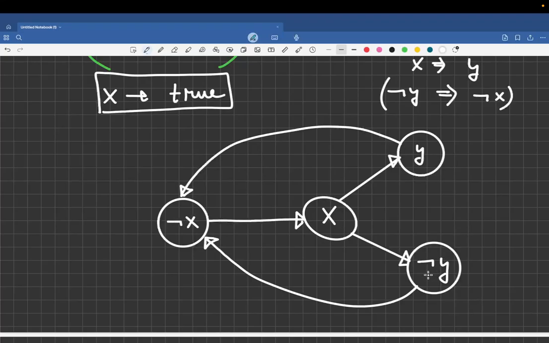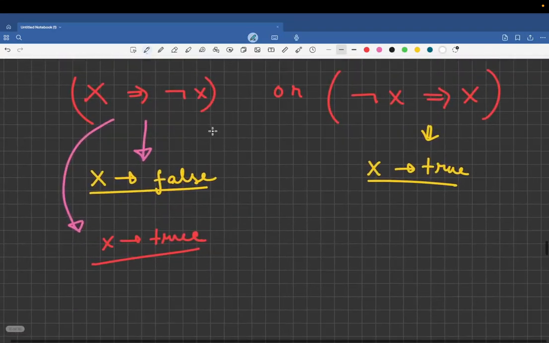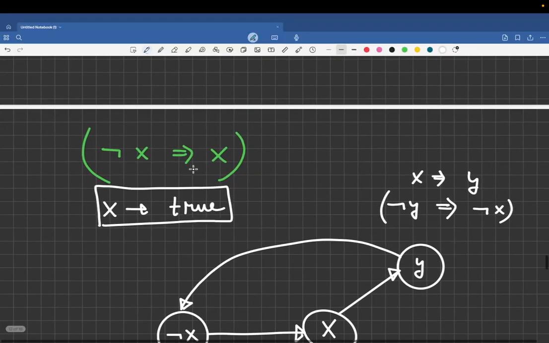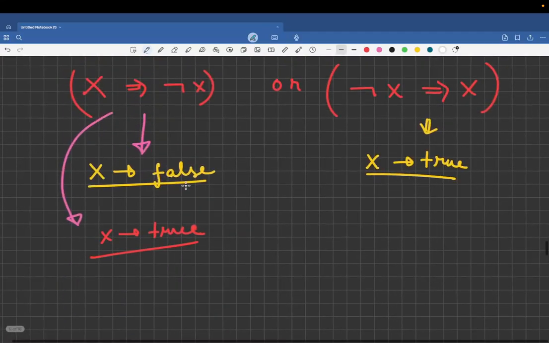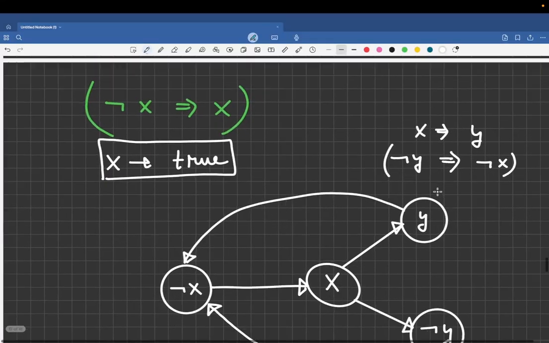This case can't exist. So if this can't exist, definitely that won't form any issue for you by assigning the value of x as true. So this case won't form any issue for me, right?